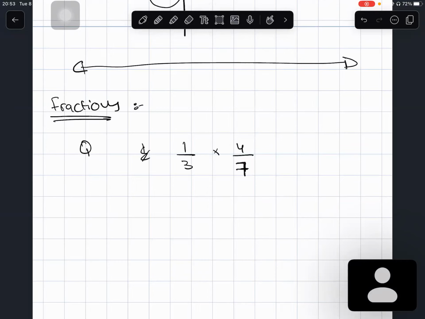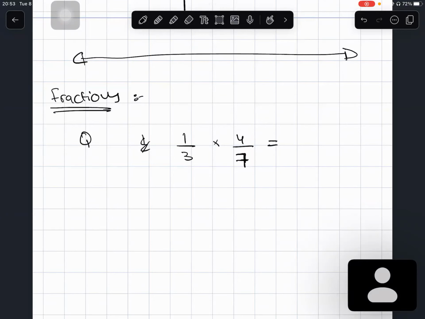Do you know how we would go about this question? We multiply like, yep, we change the denominator first. Okay, what we would do with the denominator, sorry? Do we change them or do we keep them the same? No, we keep them. Okay, so it's better if we get to the rules first.